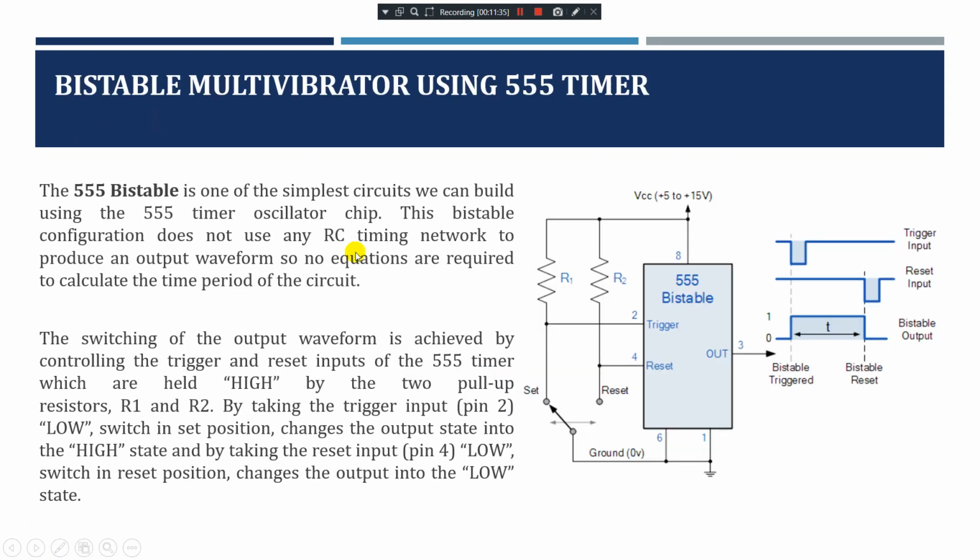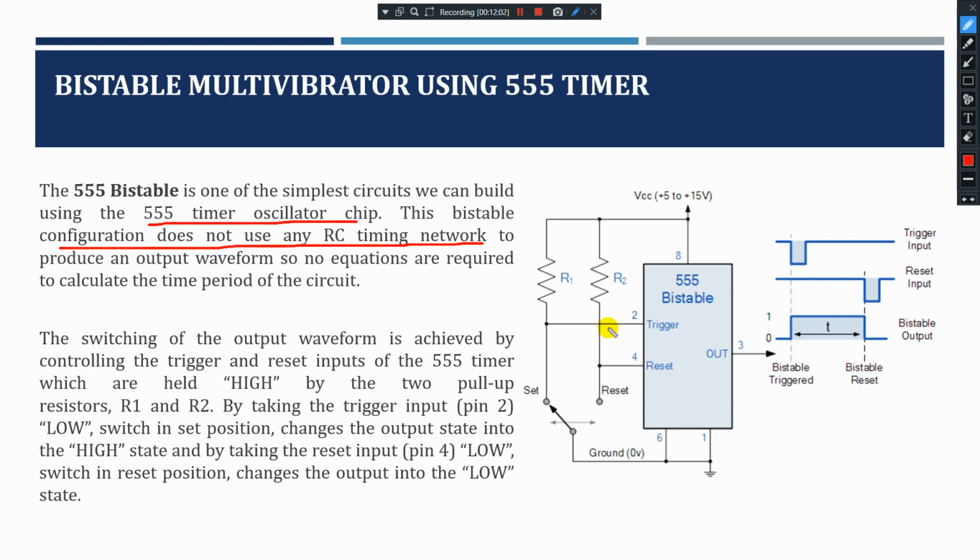Okay, next we'll start with bistable multivibrators. So coming to bistable multivibrators, a bistable is one of the simplest circuits we can build using the simplified timer oscillator chip. This bistable configuration does not use any RC timing network. This is important.